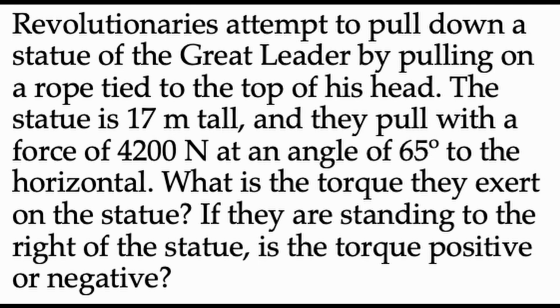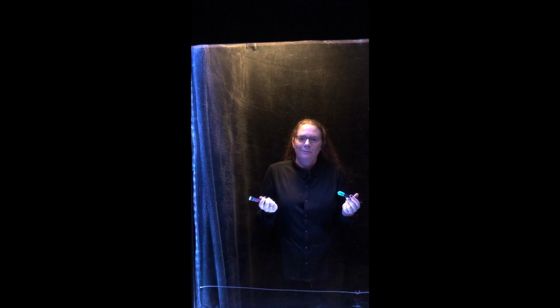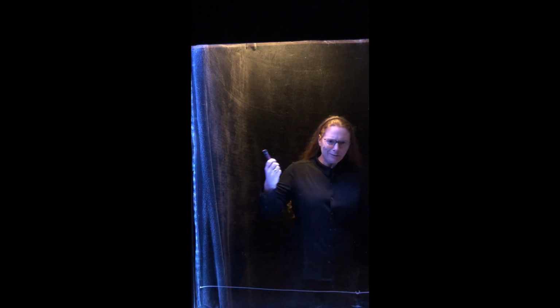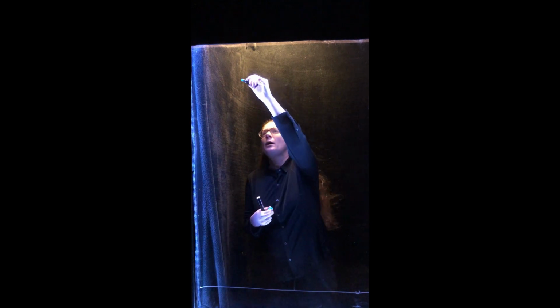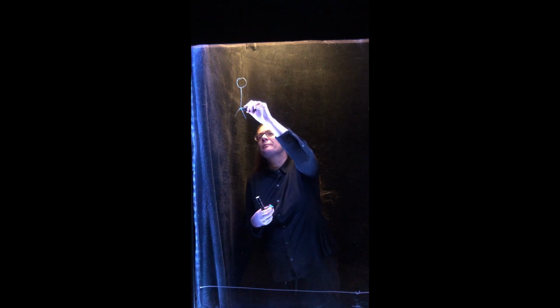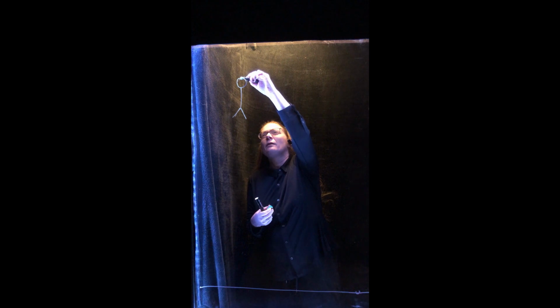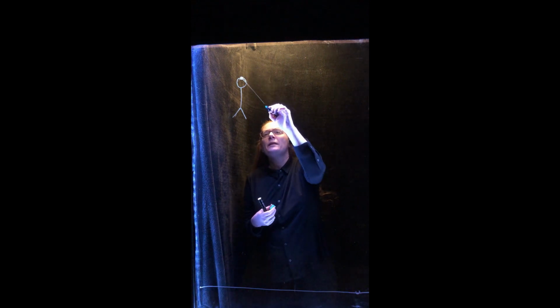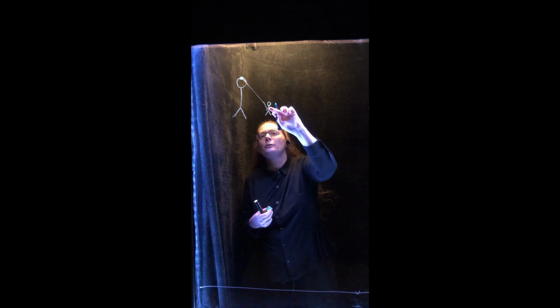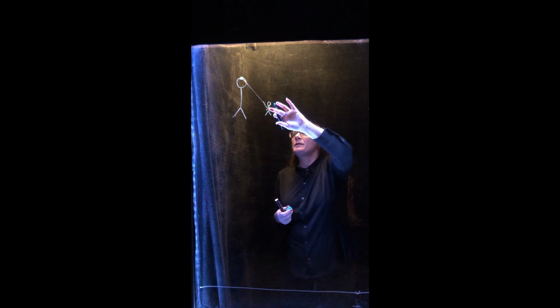All right, so problem solving process. You already know the first step. Draw a picture, right? So we've got a statue and people have tied a rope to its head and the people are pulling on it. And they're to the right of the statue.